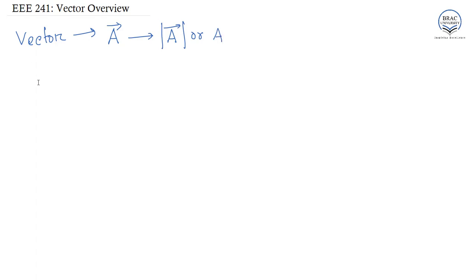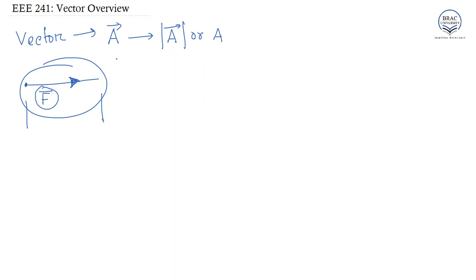So if a vector quantity is force, we can show it as a straight line with an arrow direction. This is the point the force is being exerted, and this is the direction shown. So this is a vector quantity. The length will be proportional to the value or magnitude of the force. We know those things very well.